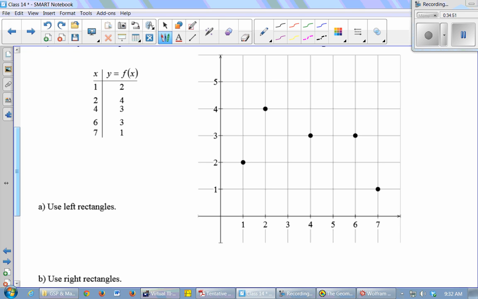I'm looking for the area under f of x from 1 to 7. If I use left rectangles, I'm going to get something like this. Oops, I have to go all the way to my next point, otherwise I won't have anything to estimate in between.